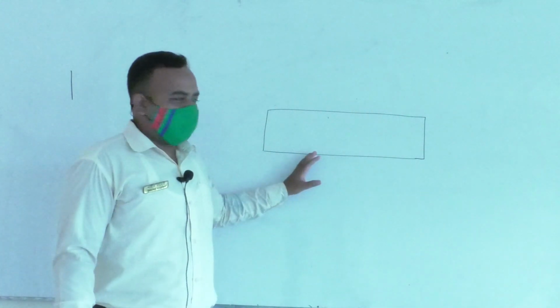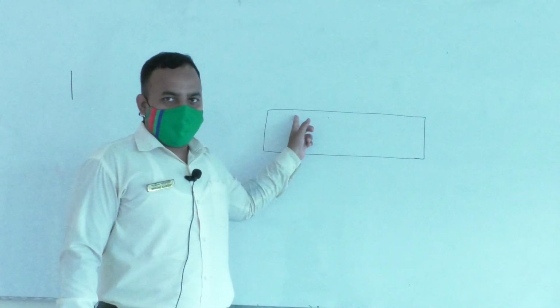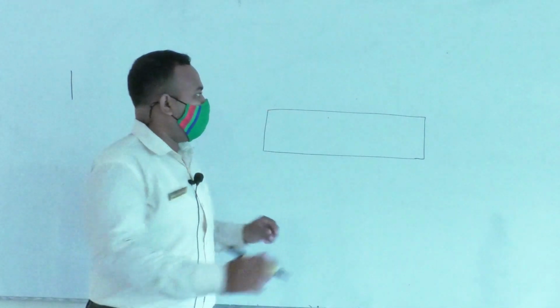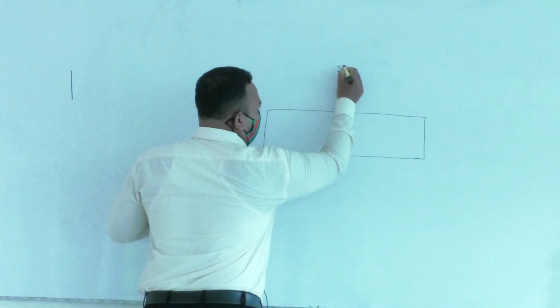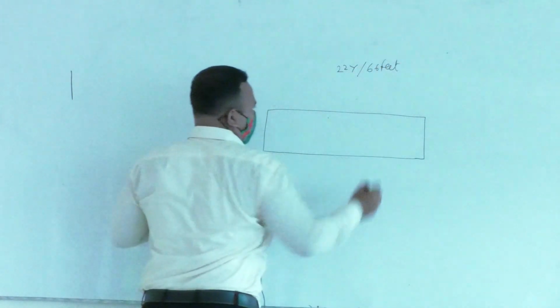This is the cricket pitch. The length of the cricket pitch is 22 yards, or 66 feet.